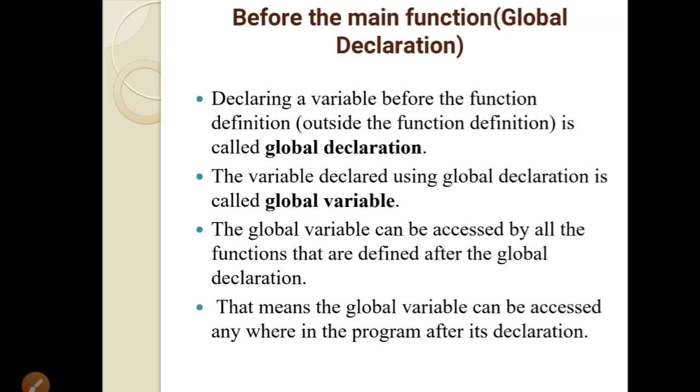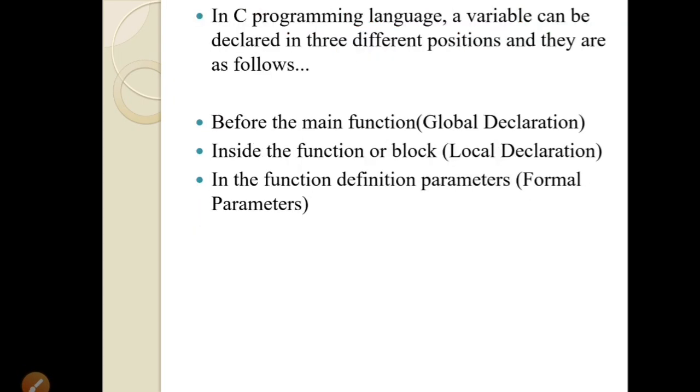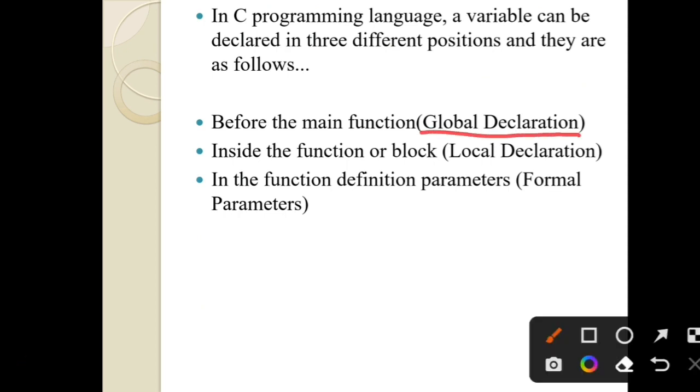So the scope of variables is defined in three places: global declarations, local declarations and formal parameters. When we declare a variable using global declarations, it can be accessed throughout the program, anywhere in the program.